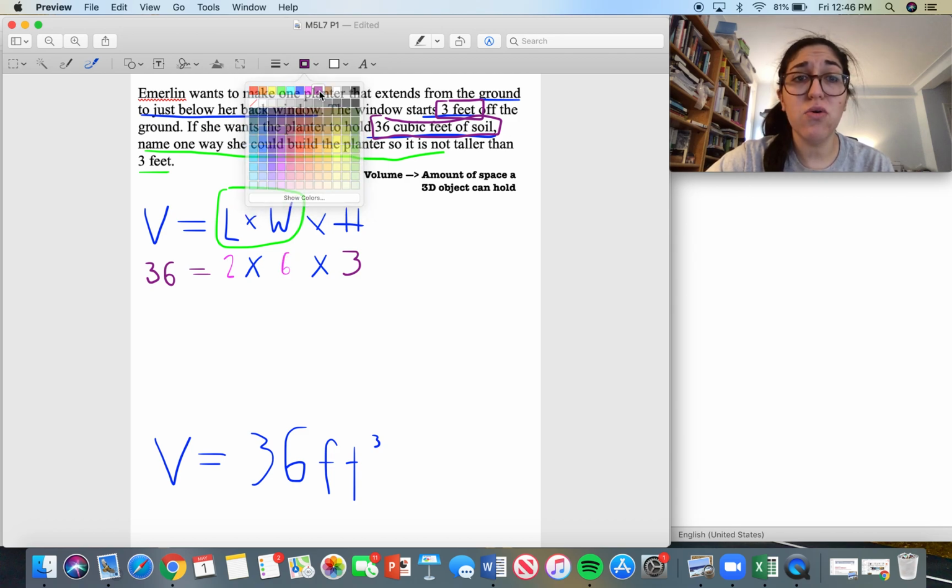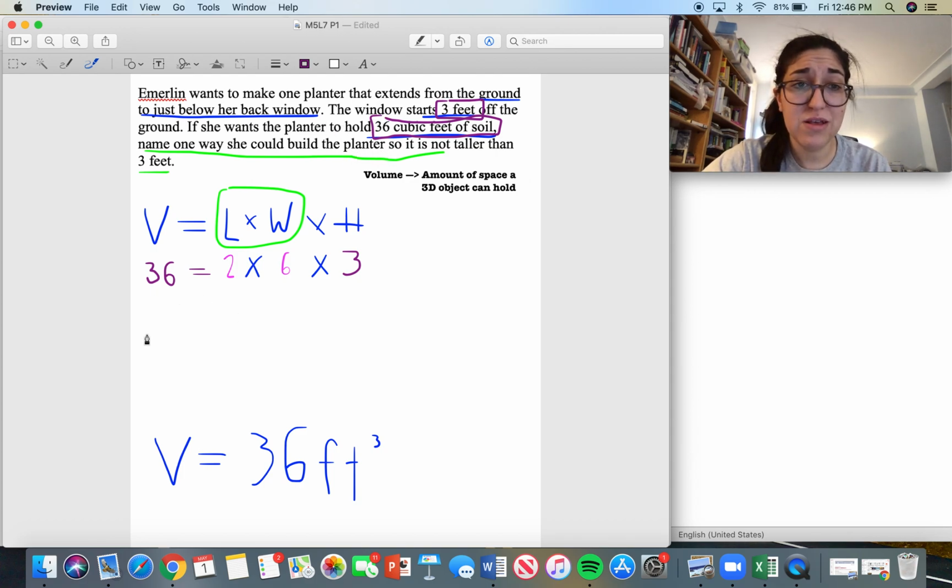Again, my goal here is to find a volume of 36 because that is what's given to me in the problem. The two things that it tells me is that my volume overall will be 36 and that my height overall will be 3. So I'm doing the ones that it tells me in the problem in this sort of maroonish color.